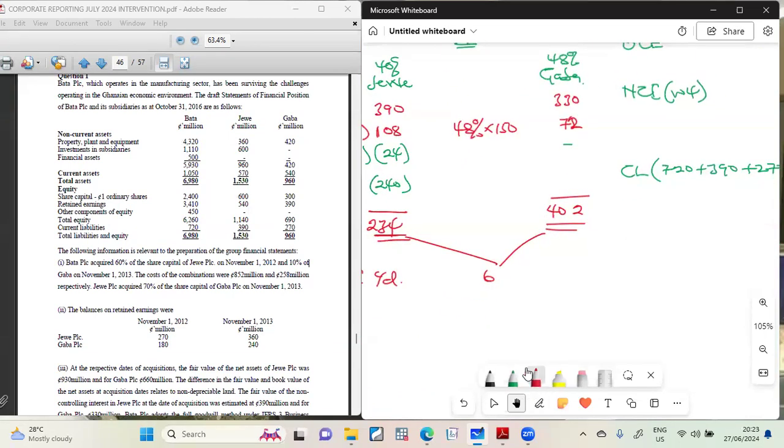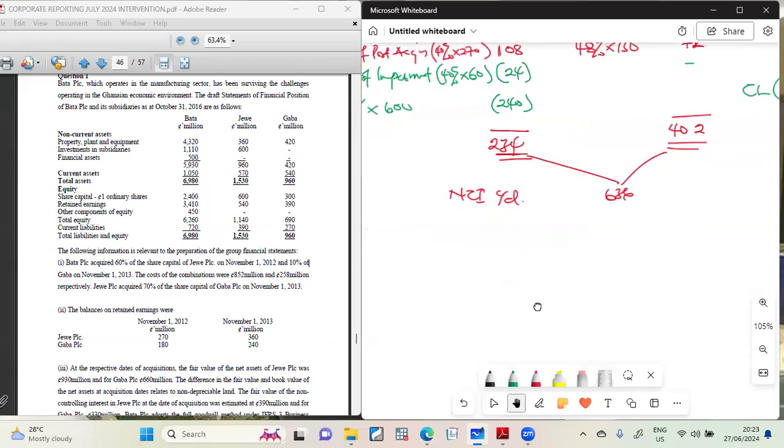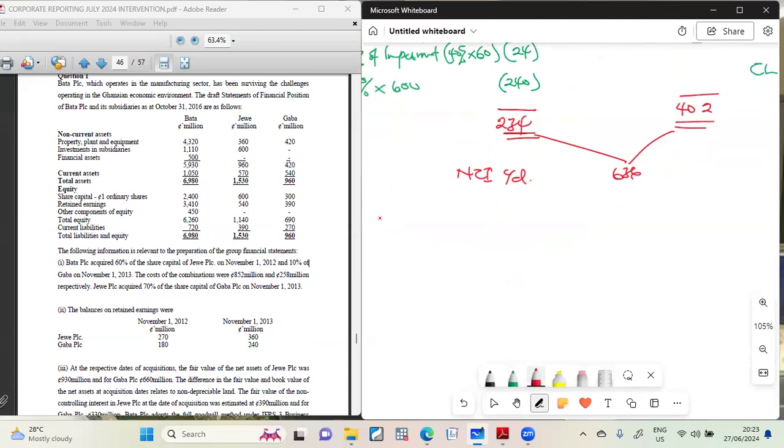So this thing was 636. So we do our last workings, workings 5, which is group retained earnings. So what are the things that come here? The parent retained earnings, and the parent retained earnings is 3410.